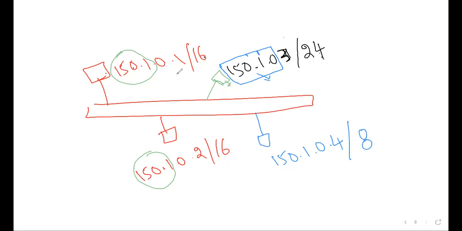Okay, so what I'm trying to explain here is that by default, class A is always /8 and class B is always /16. But when you see any IP address, you should know which class it is in by going through the first octet.